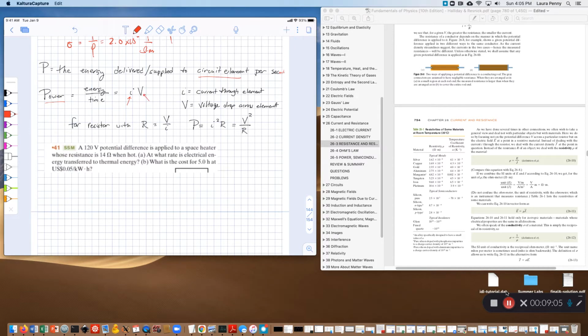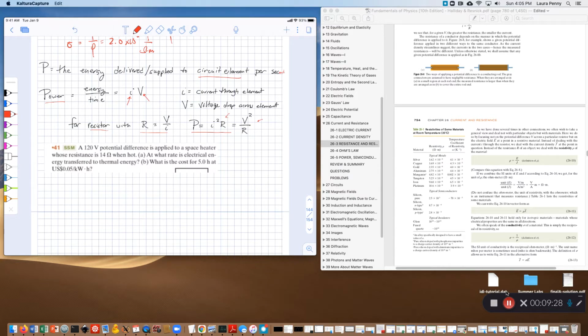So any particular circuit element is going to have some sort of current that flows through it, and it'll also have some sort of voltage drop across it. And so this current times voltage is the power. If you have a resistor which obeys Ohm's law, then you can also do the power either in terms of current or in terms of voltage drop.